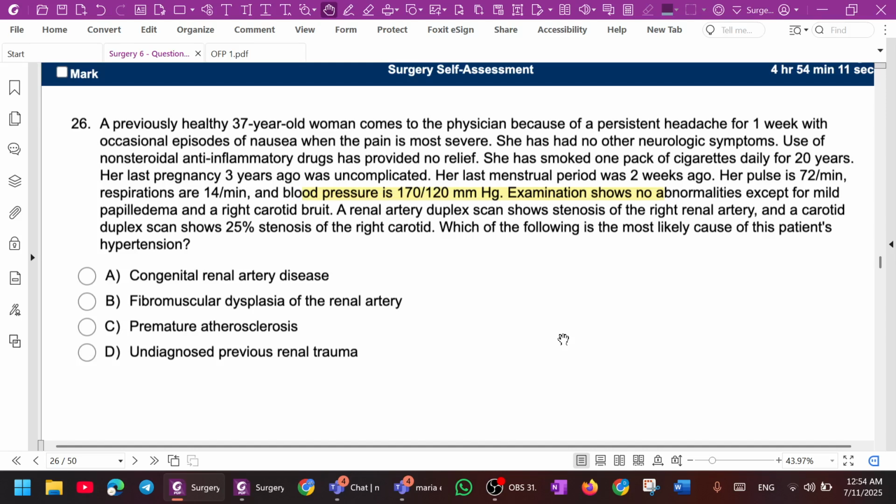A renal duplex scan shows stenosis of the right renal artery, and a carotid duplex scan shows 25% stenosis of the right carotid. Which of the following is the most likely cause of this patient's hypertension?